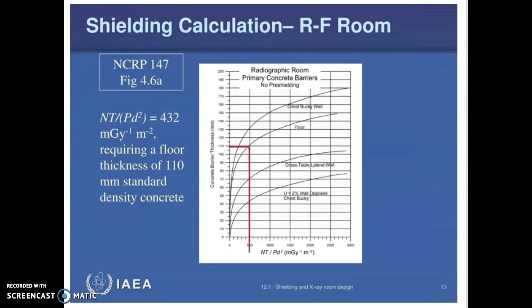Remember that shielding protects X-ray department staff. It protects ourselves, the technologists and the radiographers, the patients, the visitors, the public, and persons working in adjacent or nearby X-ray rooms or facilities. The classroom next door, for example, in the college. When you are working in the mobile room, you know that the room adjacent to that is the respiratory therapy classroom.